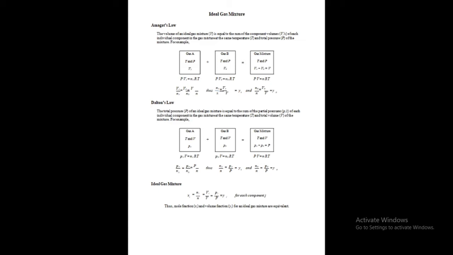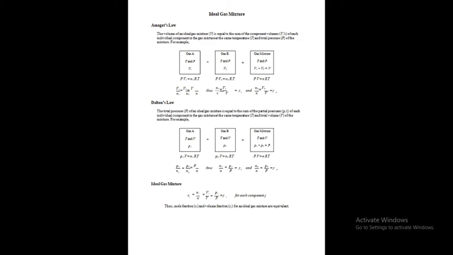When equating these three expressions, we cancel the constant values and only consider the variables. First we take gas A and the total value: VA by NA is equal to V by N. From this expression, we rewrite NA by N is equal to VA by V, that is equal to YA.